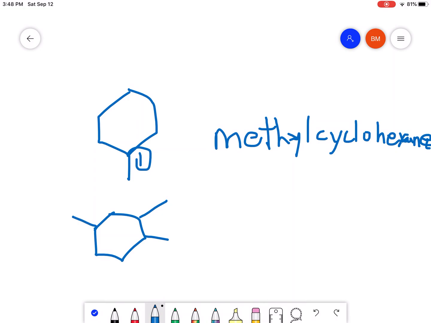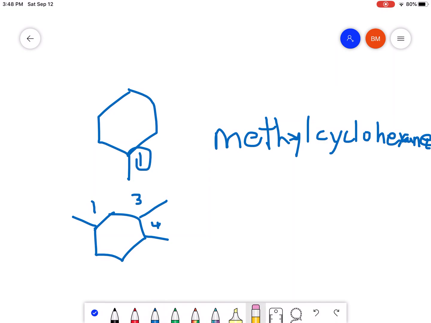Okay, we have 3 methyl groups. All right, we're trying to figure out which one's going to be carbon number 1, which way we're going to go. All right, again, what we want to do is give as many substituents as possible the lowest possible numbers. If you started over here and made this one number 1, then if you went clockwise, the best you could do would be to have this one be 3 and this one be 4. So that would be one possibility.